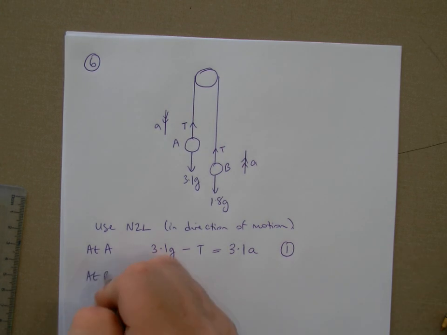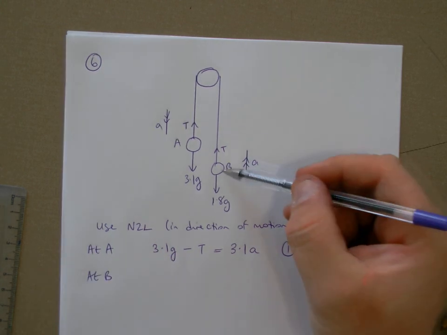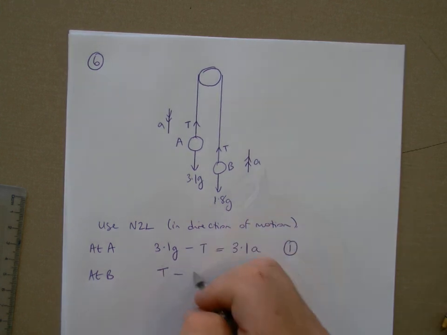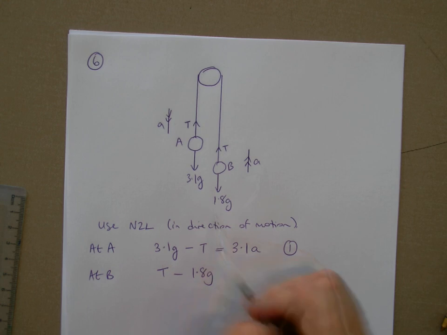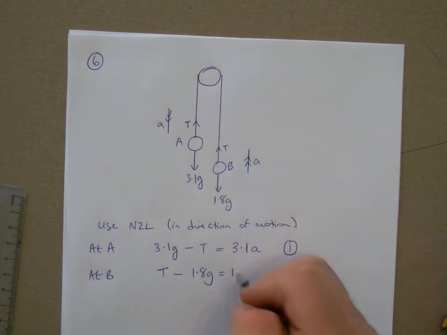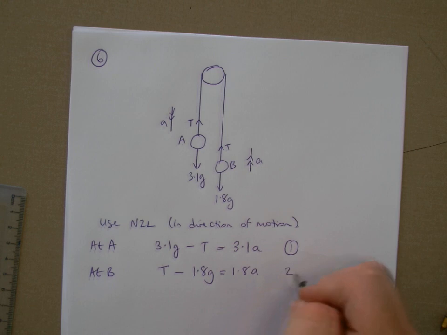At B then, if we resolve at B, it's going upwards, so the tension in the string is of course greater than the weight of the mass. So T take away 1.8 G is equal to 1.8 times acceleration.